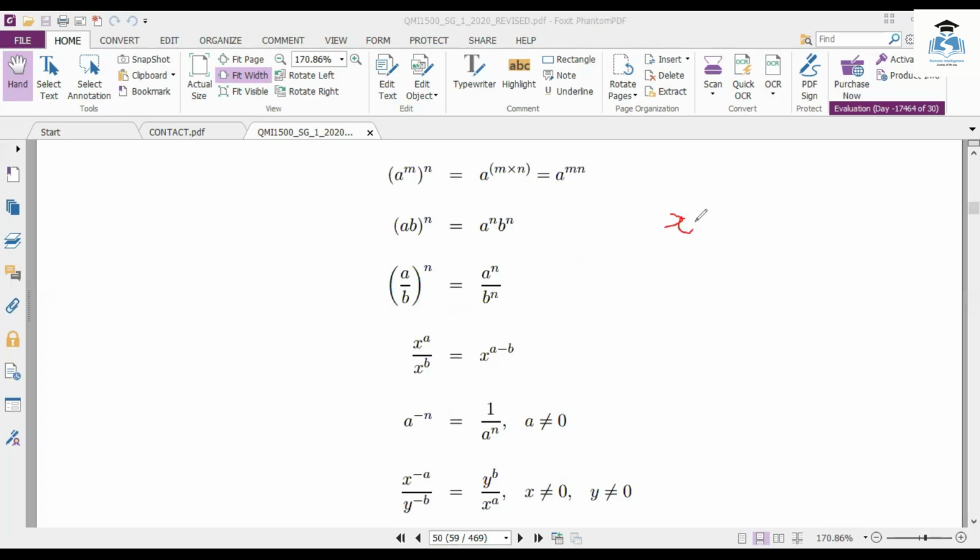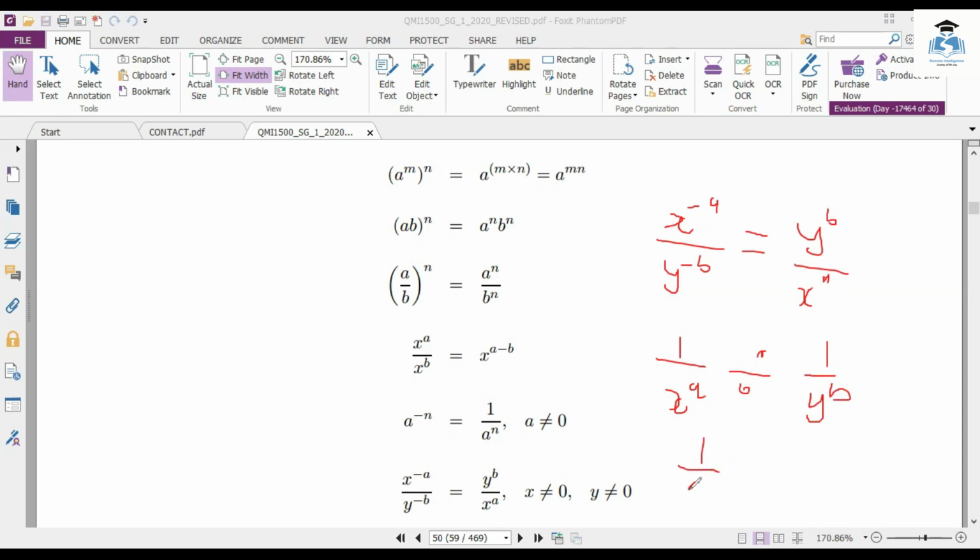You see x to the power minus a over y to the power negative b is the same as y to the power b over x to the power a. Remember, it's just the reciprocal. This is 1 over x to the power a divided by 1 over y to the power b, which is 1 over x to the power a times y to the power b over 1.